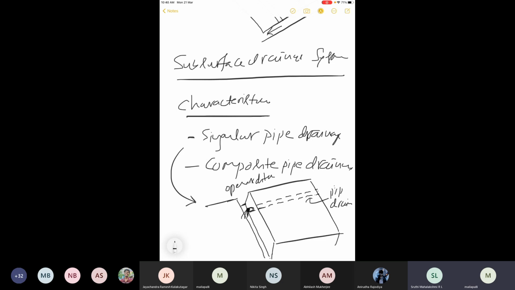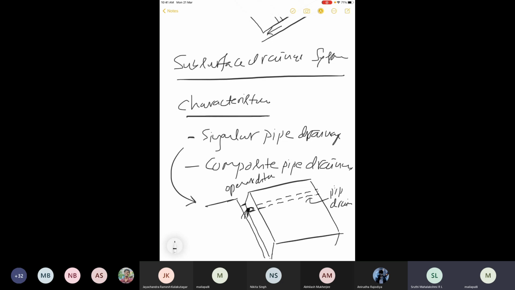So in the case of a singular pipe drainage system, the pipe is open to the atmosphere. The discharge of the subsurface drainage goes to the open ditch.